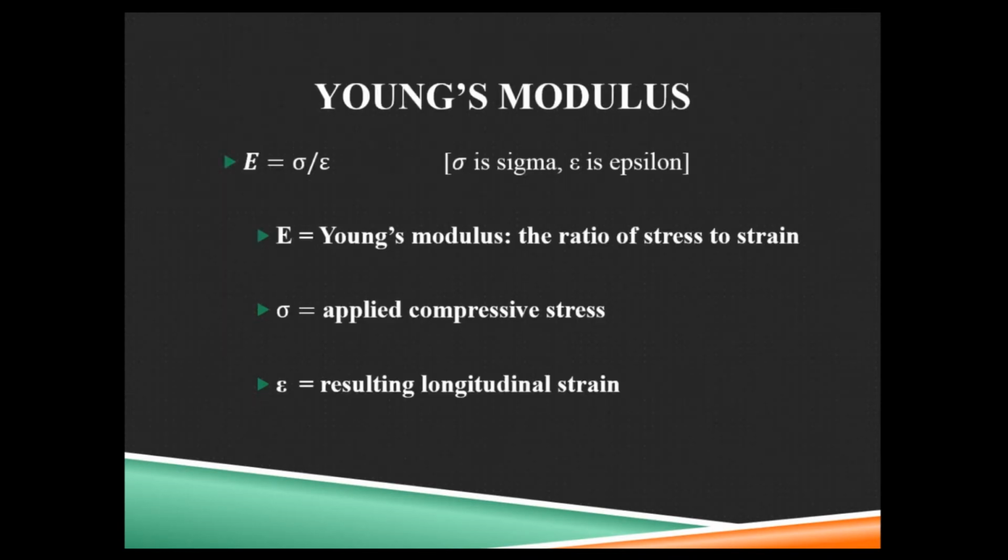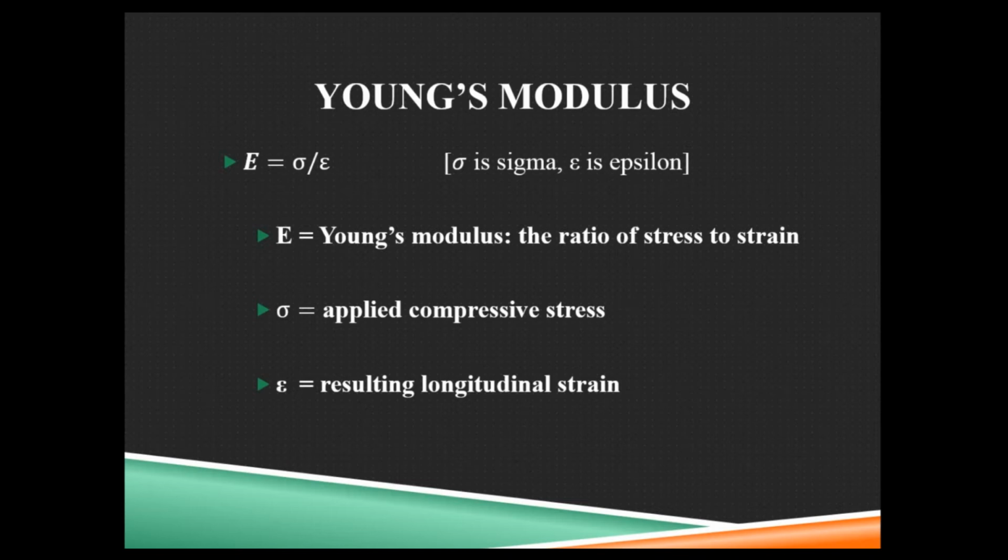So we'll look at them one at a time. Young's modulus, represented by capital E, is the ratio of stress to strain. Basically, how much strain happens for any given amount of stress.